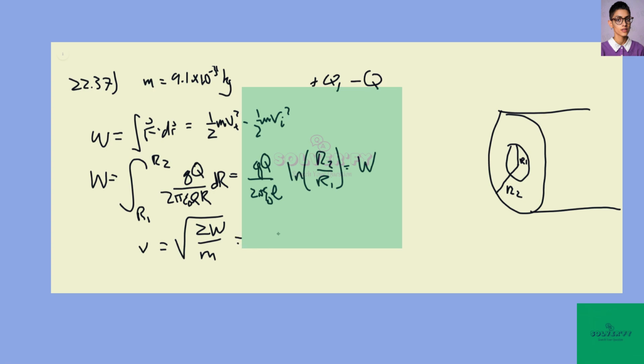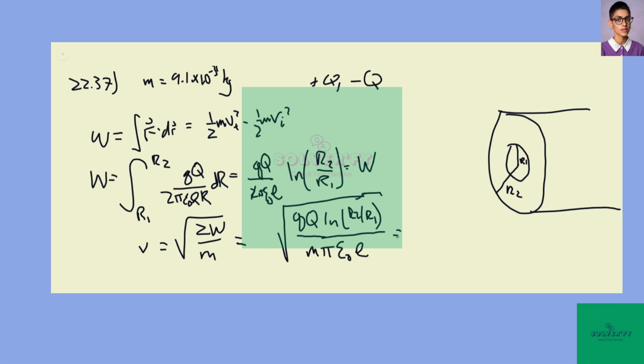So let's plug that in, and we are left with the square root of q, times ln of R2 over R1, and the 2 cancels out with this 2, and we're left with m pi epsilon naught L on bottom. Awesome. So now we should be able to plug all of these in.